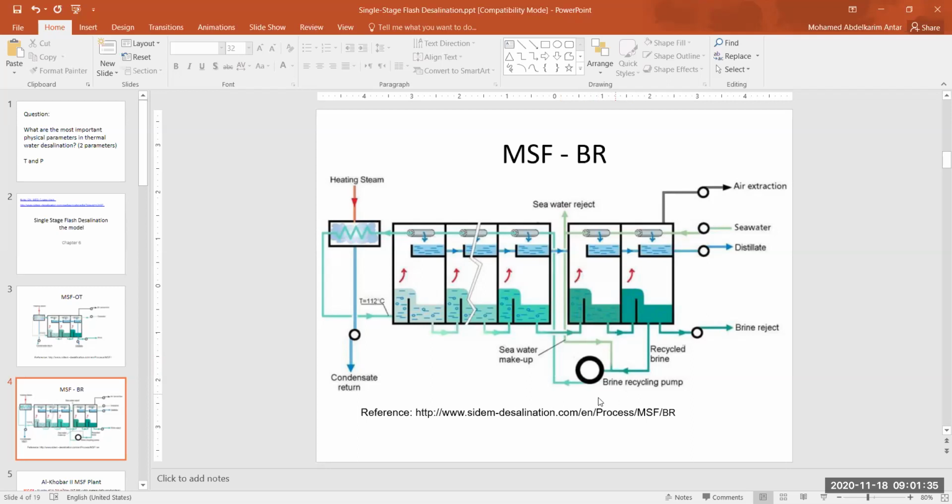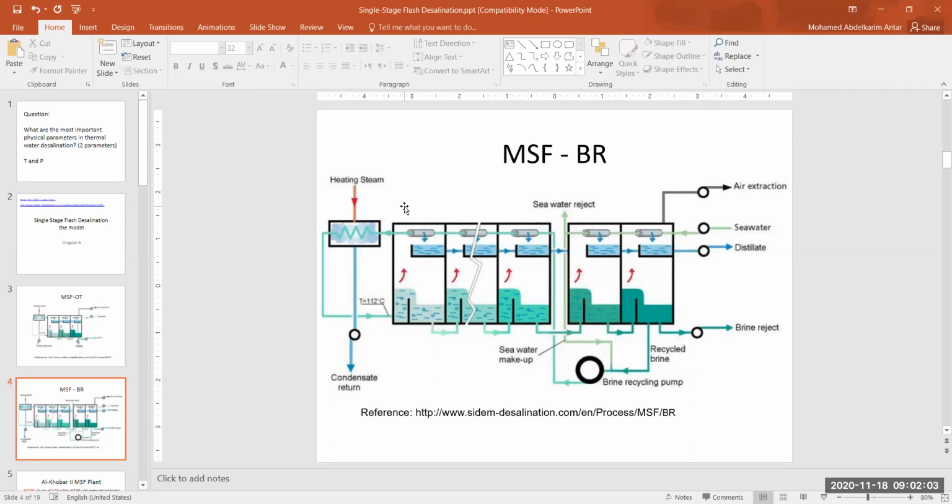But here we need power to run the pumps and heat for the system as well. So that makes it demanding in terms of energy. As of the technology that we see in front of us, you have to produce mechanical power for the pumps, and you have to add thermal power for the heating system.